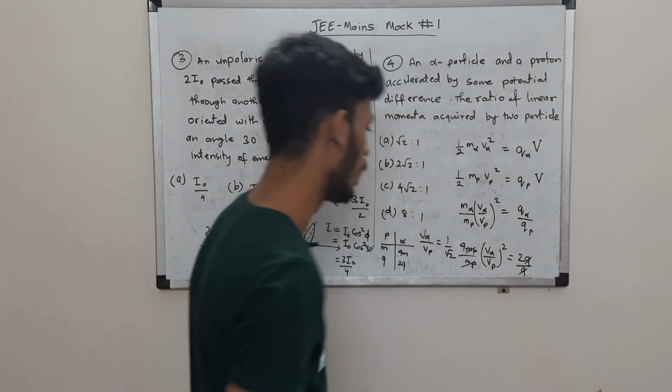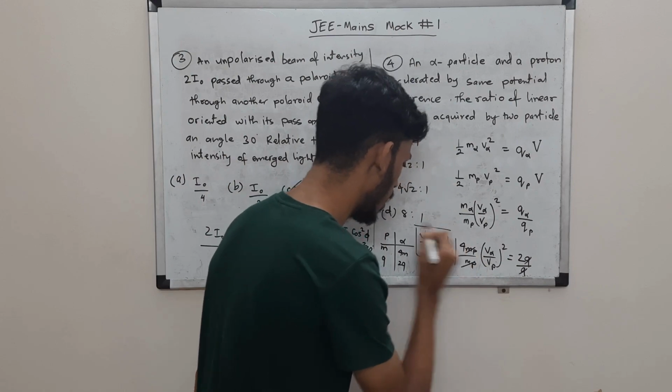So 1 by root 2. That is what we get for the ratio V alpha by Vp.